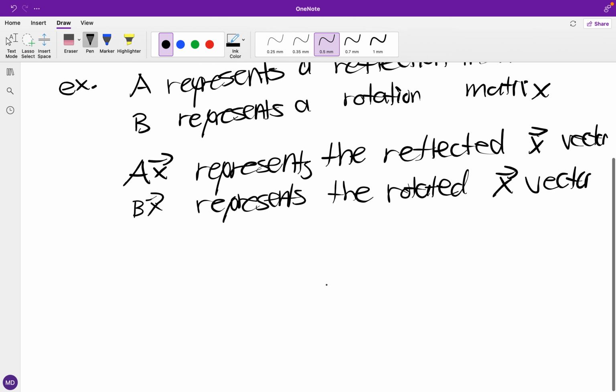Okay, so these are the outputs of the linear transformation.